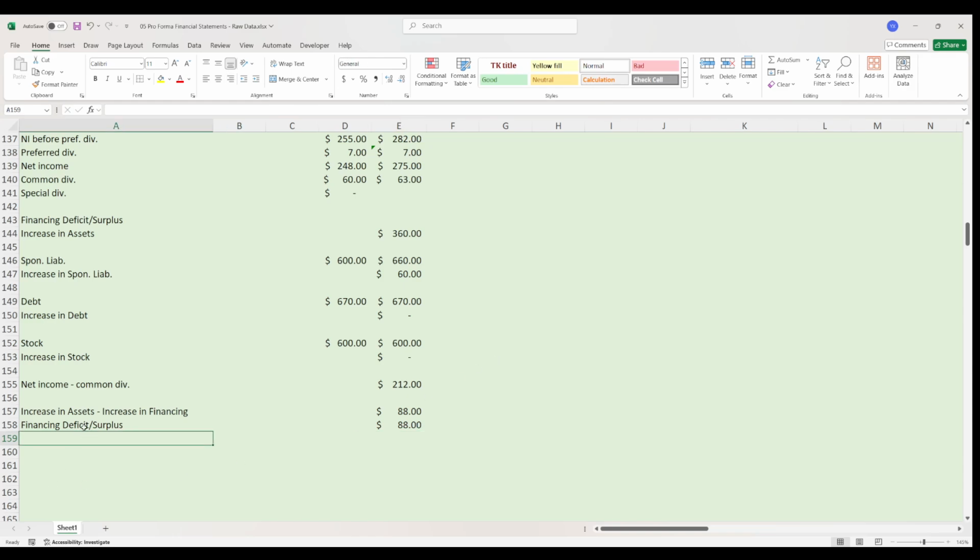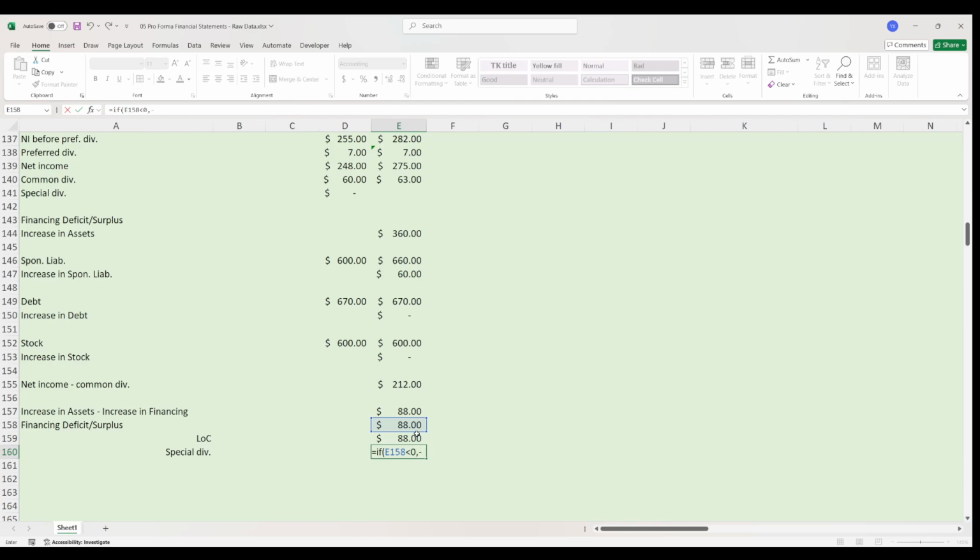And then we can decide whether we want to use line of credit or special dividend to balance the balance sheet, right? So if this number is positive, it means we have a deficit, so we need some line of credit. Otherwise, the line of credit is 0 because we don't need it. So this is the formula for that. And then if this number is negative, it means we have a surplus, right?